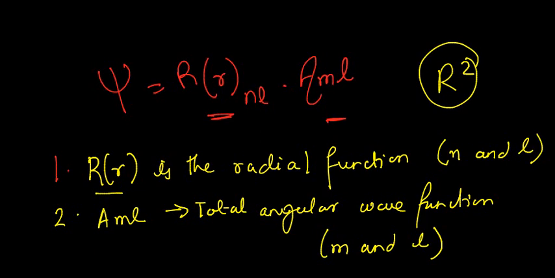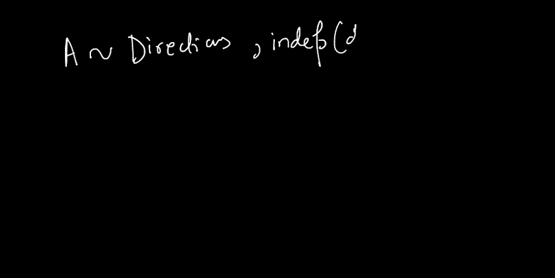For a given value of small r, the number of small volumes is 4 pi r square. Now, the angular function A depends on the directions and is independent of distance from the nucleus.